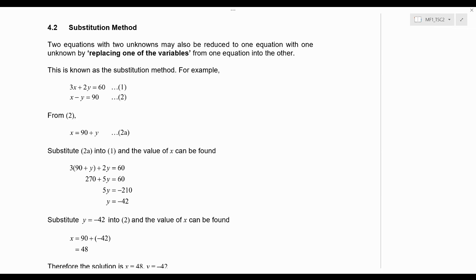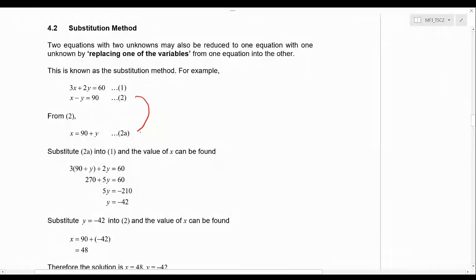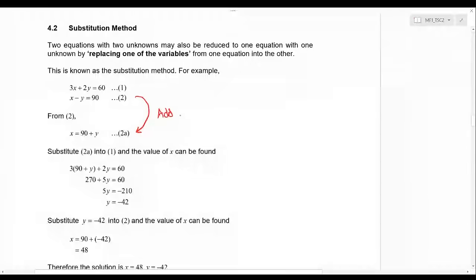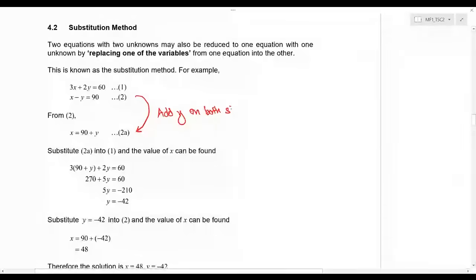I have x minus y equals 90. When I add y to both sides, I can change the look of it, and you end up with x equals 90 plus y. So by making x the subject for equation 2, it is now x equals 90 plus y.